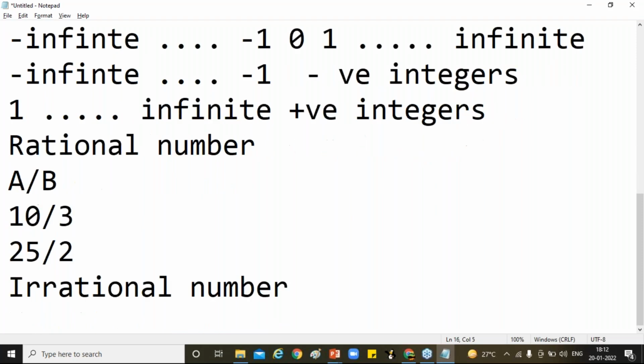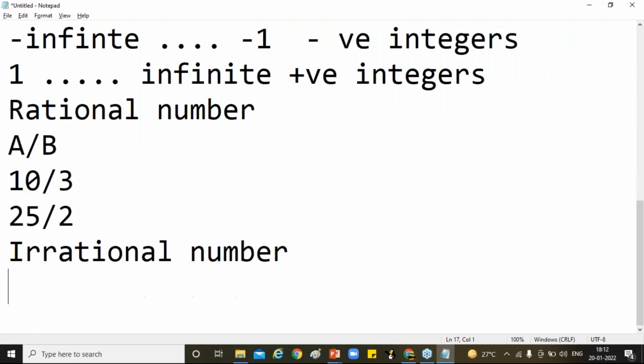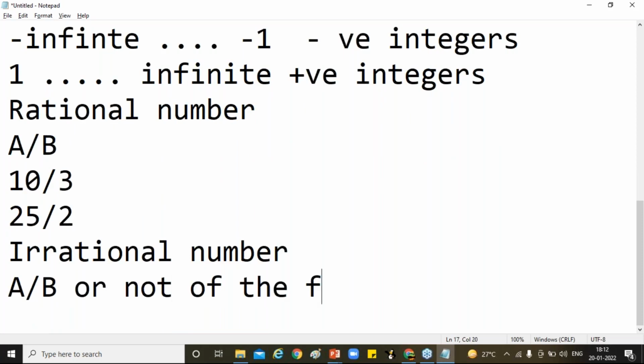These are of the form a by b. But what is an irrational number? Irrational numbers are not of the form a by b.